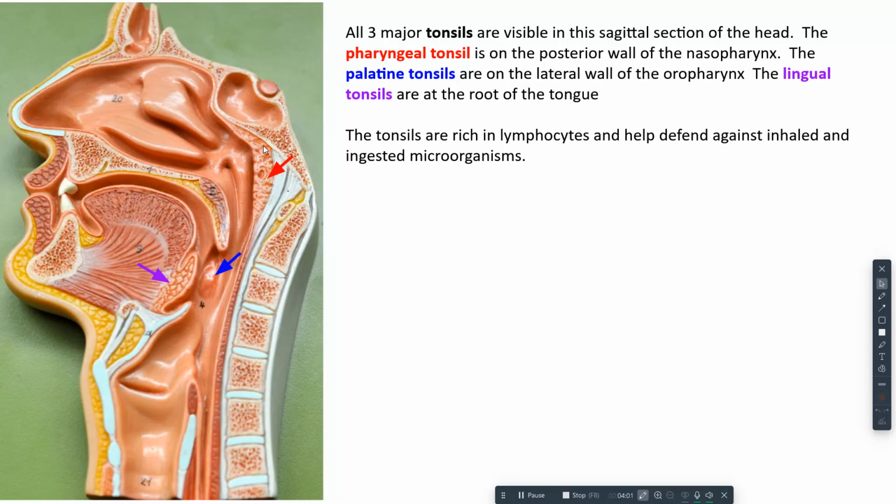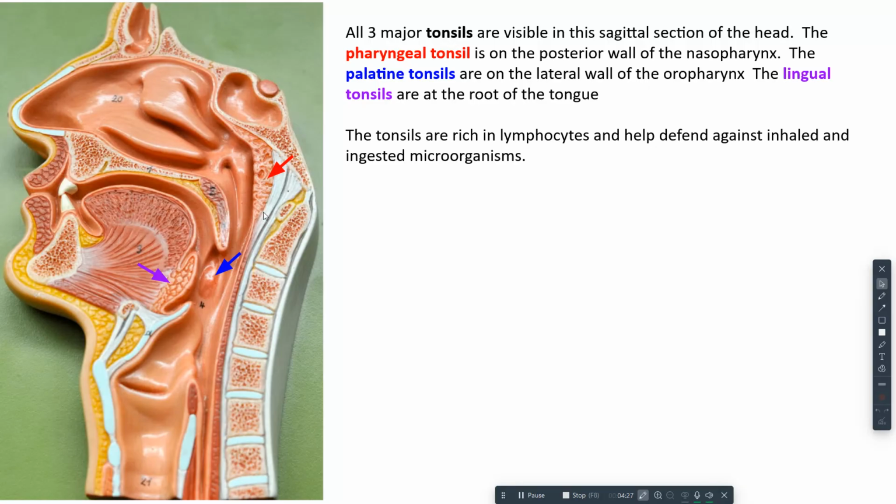And on the posterior wall of the nasopharynx, we have a pharyngeal tonsil in a really good spot. As pathogens, microorganisms are inhaled, they can crash into this tonsil, and the tonsil is rich in lymphocytes and can help deal with those inhaled pathogens.